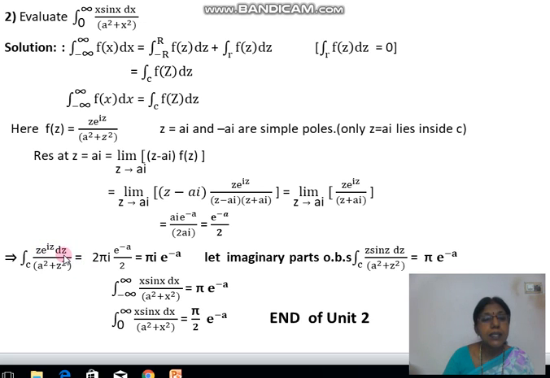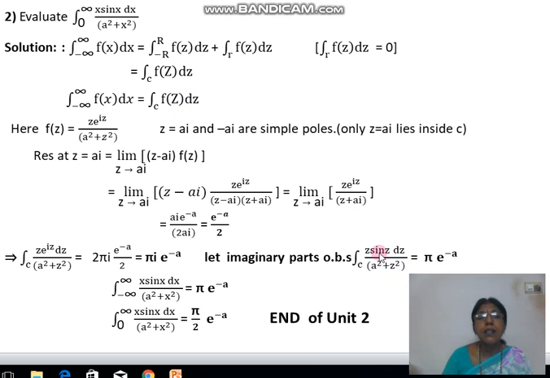Taking imaginary parts on both sides, we get the integral of z sin z by a square plus z square dz equal to the imaginary part, meaning write without the i, what is with i: pi e power minus a.